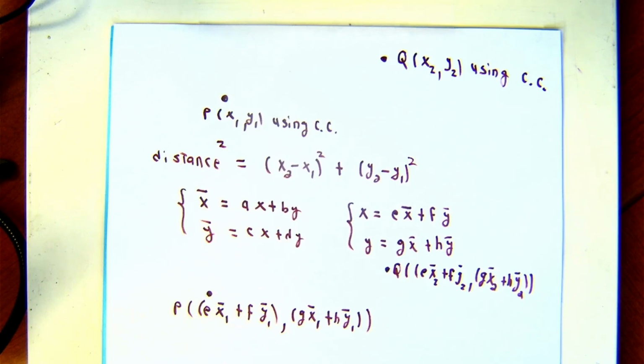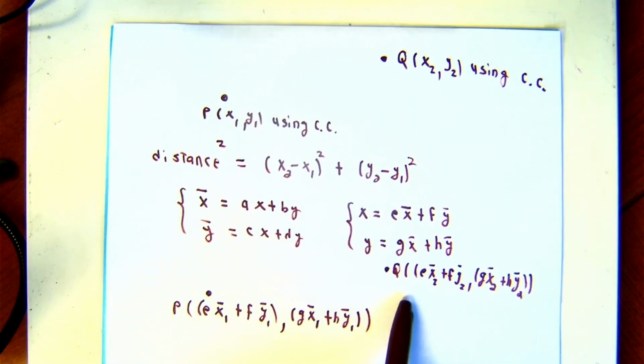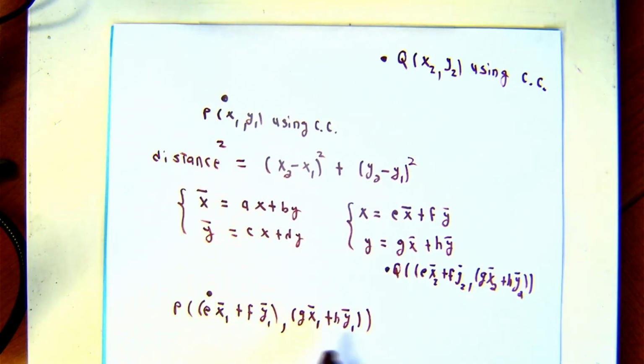That means another way that I could calculate the square of the distance from P to Q would be to take this number, subtract that number, square it, take this number, subtract that number, square it, and add them together.